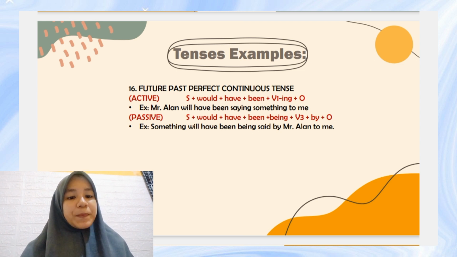Pattern passive: subject plus would plus have plus been plus being plus verb 3 plus by plus object. Example, something would have been being said by Mr. Alan to me.